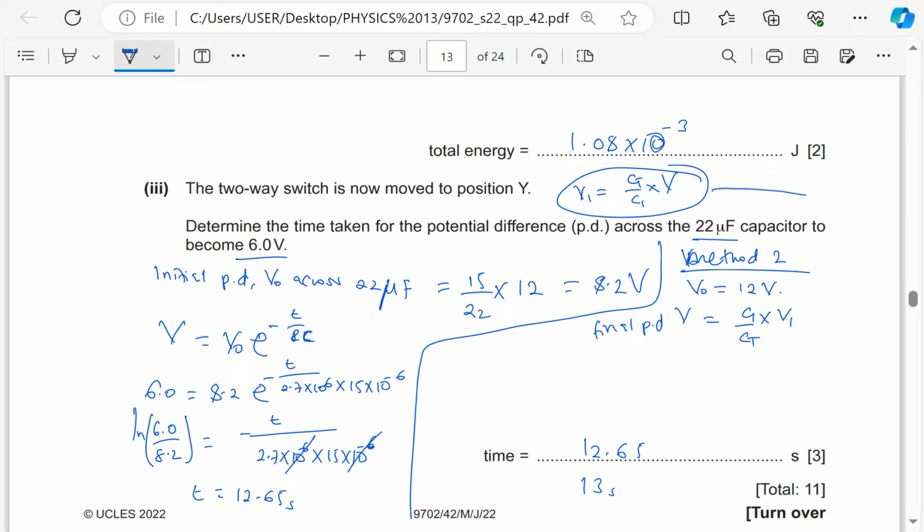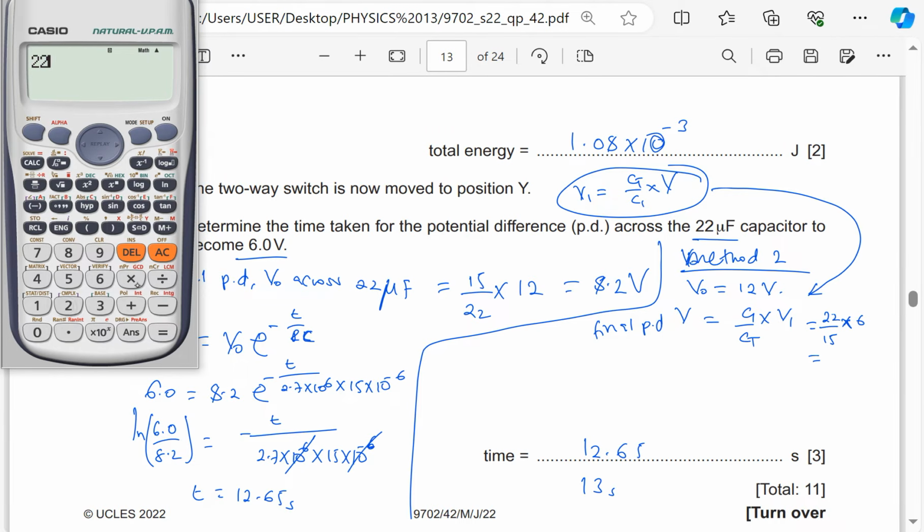Using this expression, it means this is C1, which is 22, over C total, which is 15, times 6. I'm trying to find the final PD across both capacitors. The 6 was across one capacitor, so 22 divided by 15 times 6 is 8.8.